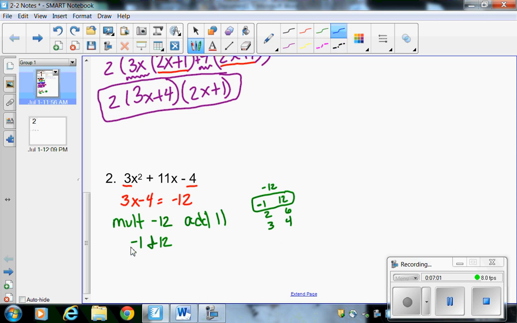So step 4 says to rewrite it, replacing that middle term with the two numbers that you just found. Don't leave your x's off because that'll mess you up later.